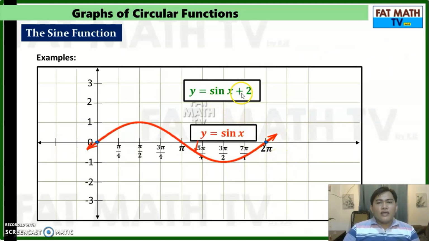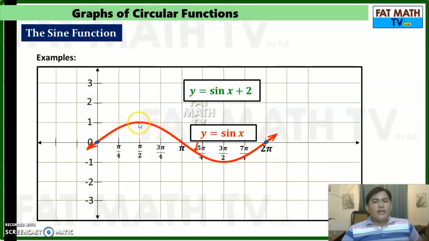How about if we have a +2 here? How about if our function is y equals sine x plus 2? Meaning, after you obtain the sine x, you add 2 to the value, or that is equal to y equals 2 plus sine x. So for each value of y, you will add 2 to it. For example, y here is 0, it will become 2 because you add 2.